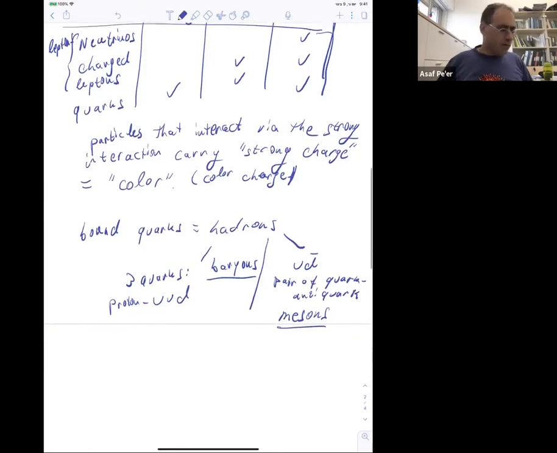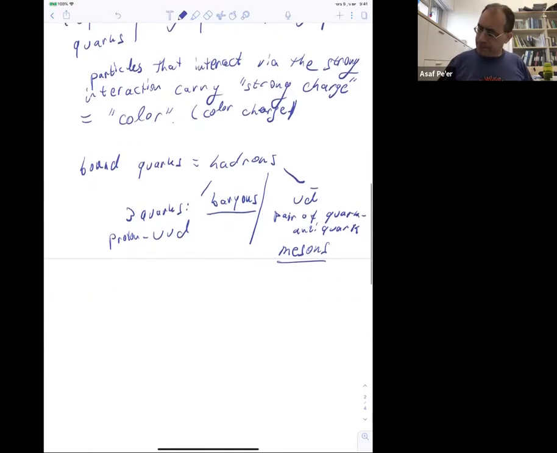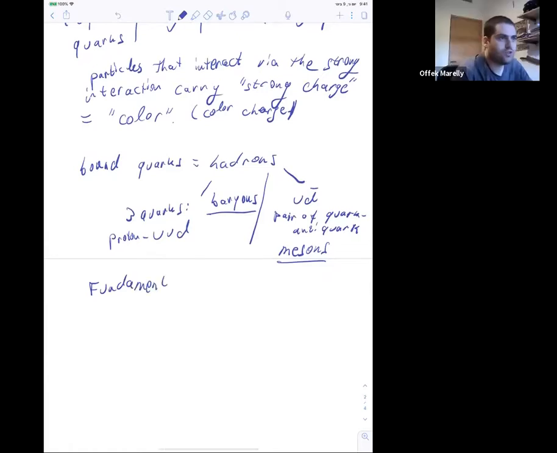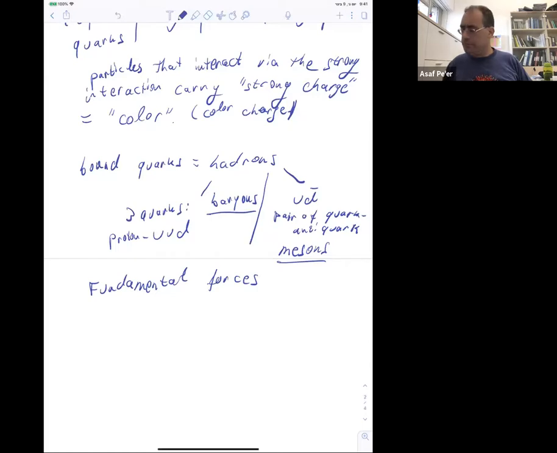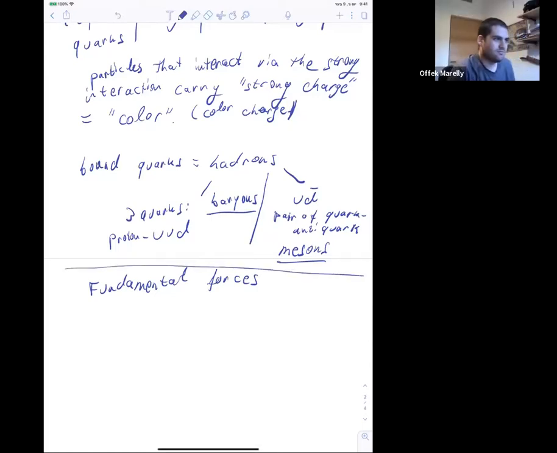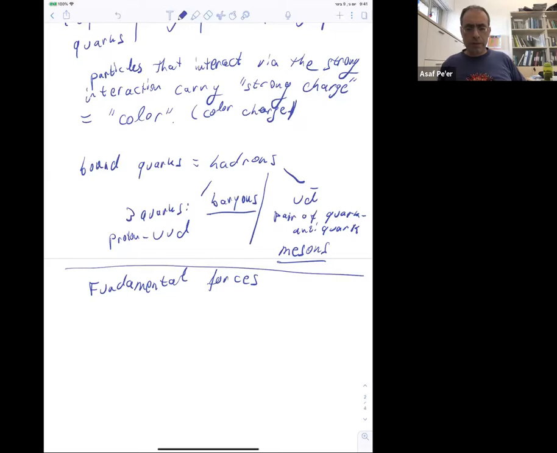Now, we spoke about the fundamental forces. Question? Yeah. That you have a pair of quark and antiquark. Does that mean that they do not annihilate like regular, like leptons, for instance? Yeah. Okay. True. It's different quarks, up and down.